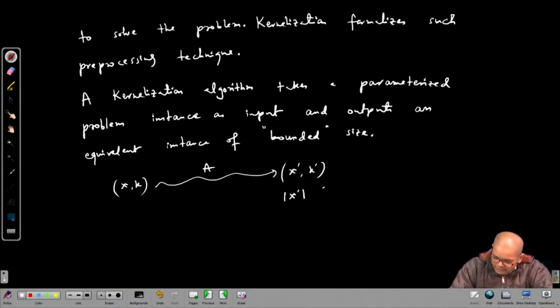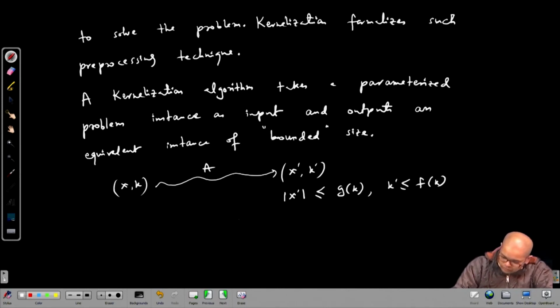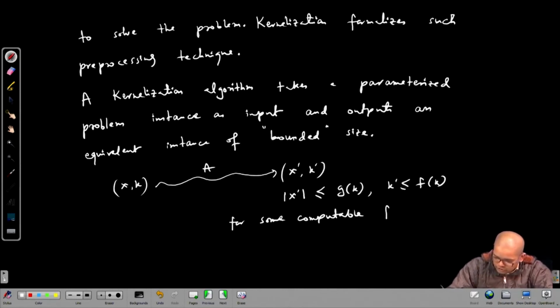So, size of x prime is less than or equal to g of k, and k prime is also less than or equal to f of k for some computable functions f and g.